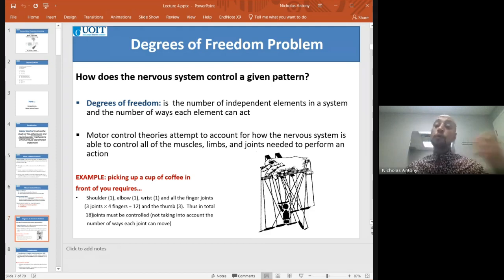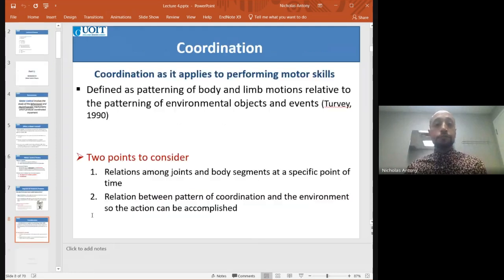Or is there a program that has been developed that simplifies the control, and then you just have to add the aspects of the environment to that program? That was one of the theories that we discussed. It's called motor program theory, and we'll discuss it. So that was the first thing: theories have to at least describe and discuss how we can solve the degrees of freedom problem.